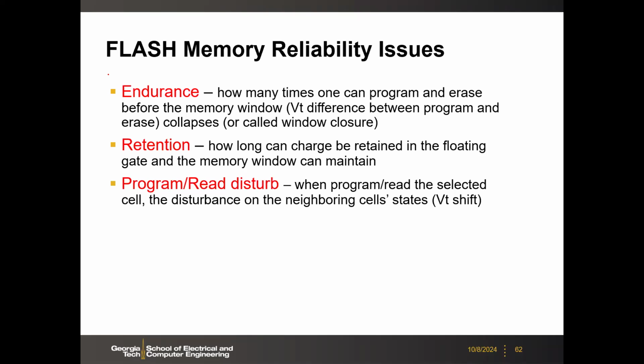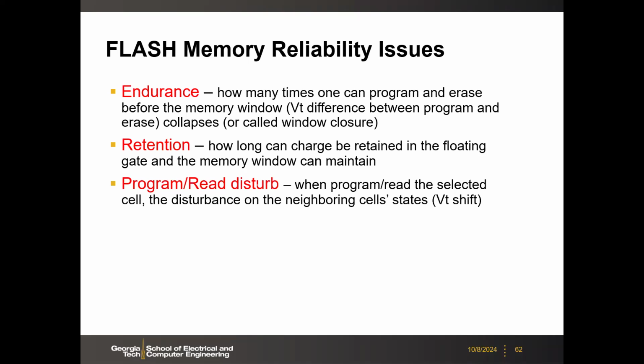For DRAM, maybe the leakage and data retention, but not endurance. Challenges like endurance, retention, and program disturb mostly happen in non-volatile memory. Flash is one of the non-volatile memories, and later the other emerging non-volatile memories, like RRAM and phase change, all suffer from these reliability issues.